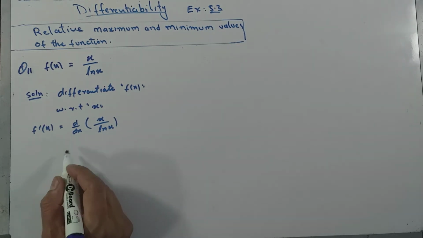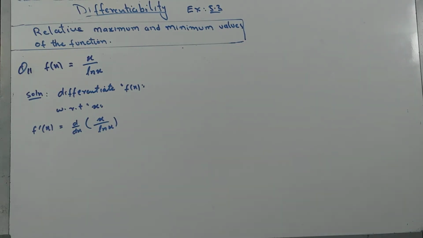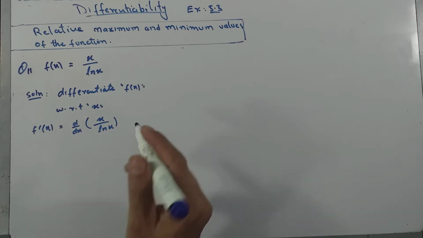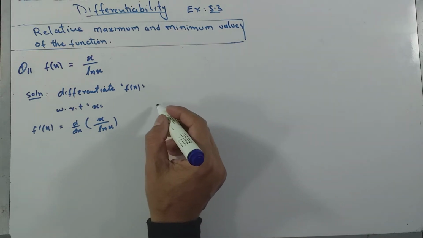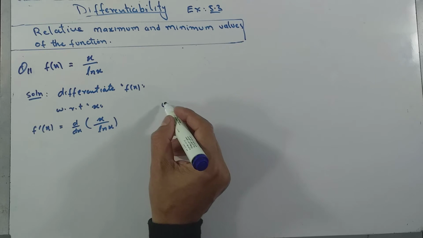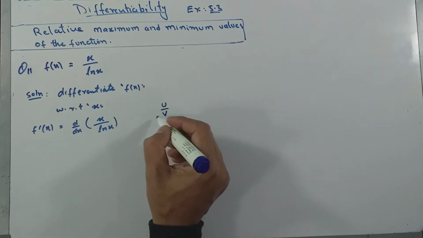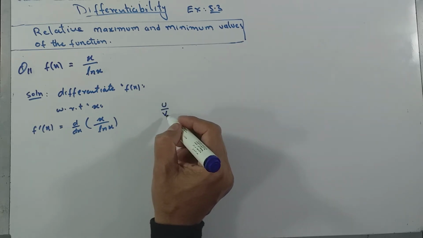Now we are applying the quotient rule here, because two things, x and ln x, are dividing with each other, and we have already discussed that when two expressions are dividing with each other, we apply the quotient rule. Let's say the two expressions are u and v, u divided by v.